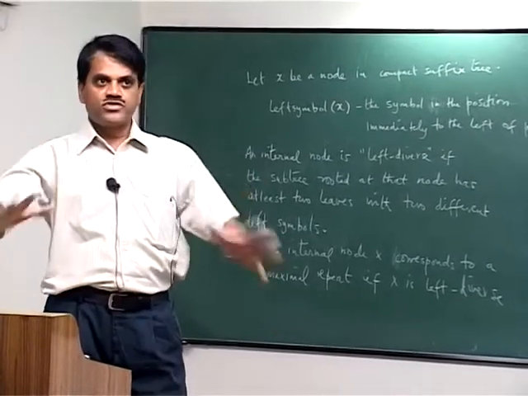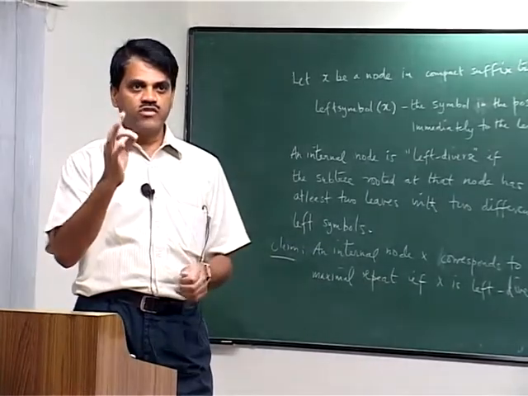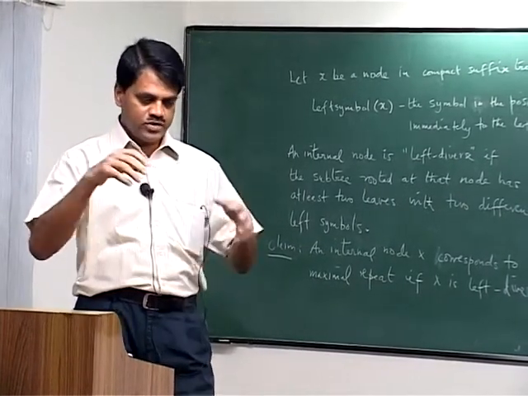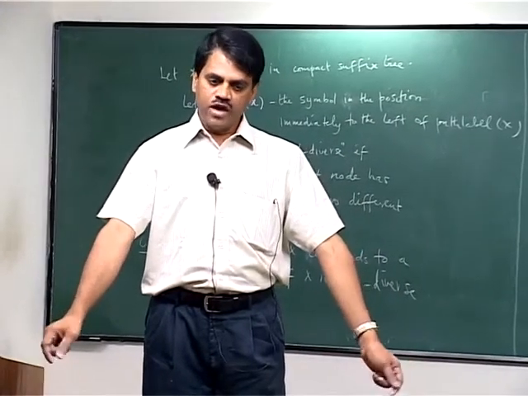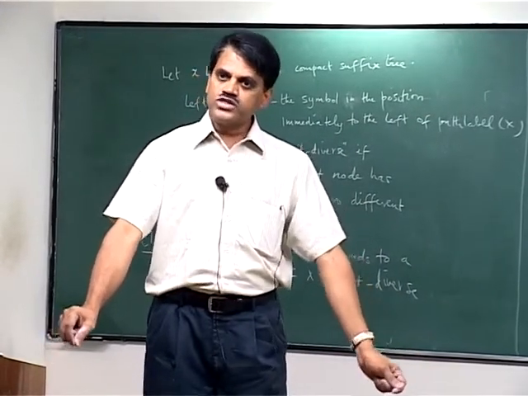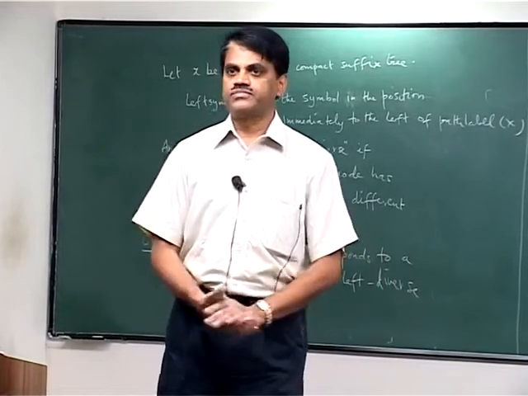I want to know for every internal node whether it is left diverse, which means that in the subtree rooted at that node, do I have two leaves whose immediate left symbols are different?